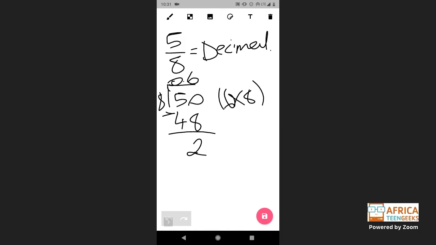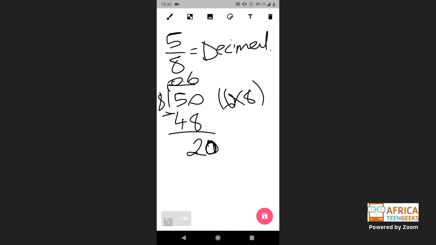So now we are still continuing with the same procedure until it gives us 0. You remember, right? Until it gives us 0, we are not done. So here, 2 divided by 8 equals what? Equals 0. So we'll have our 0 just right here.